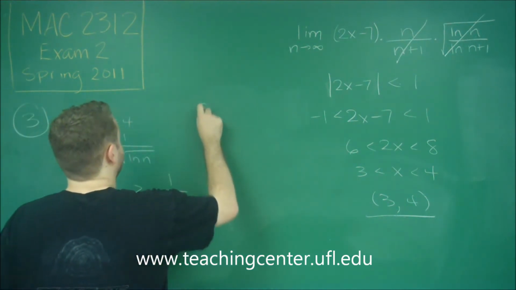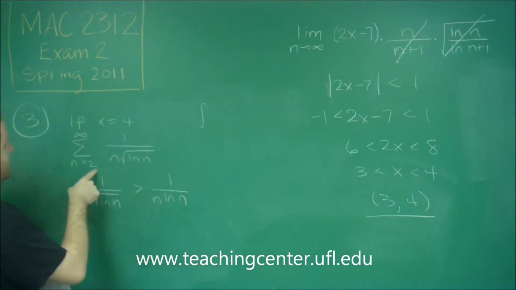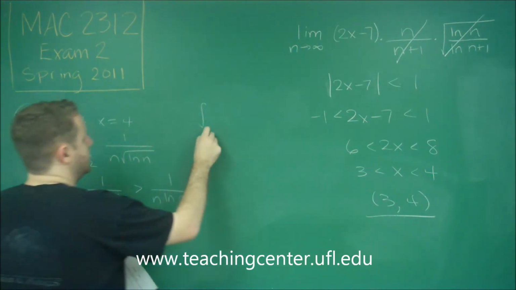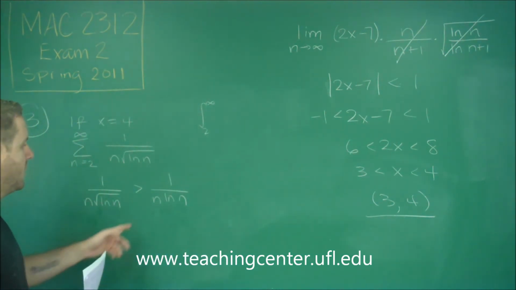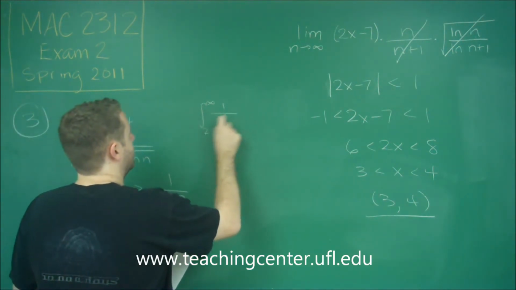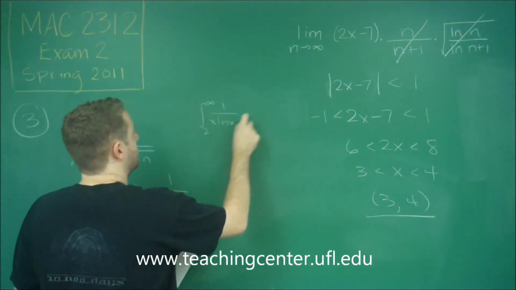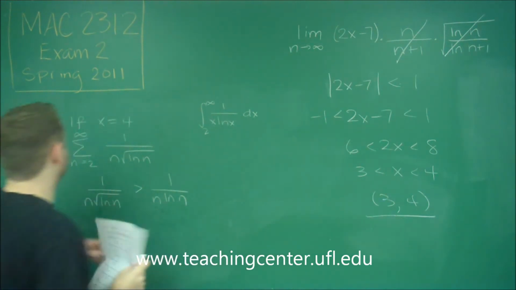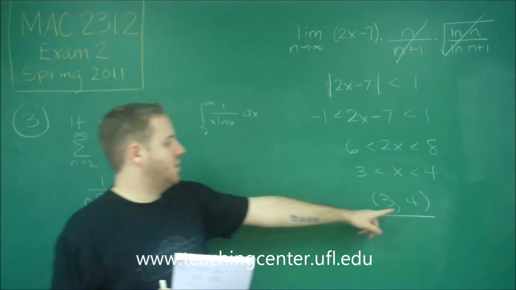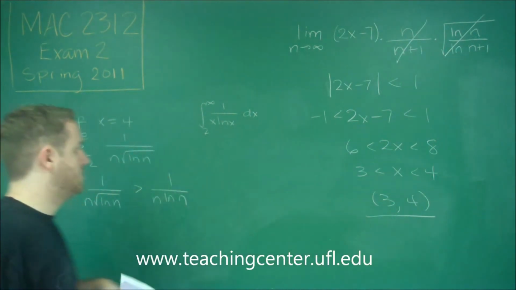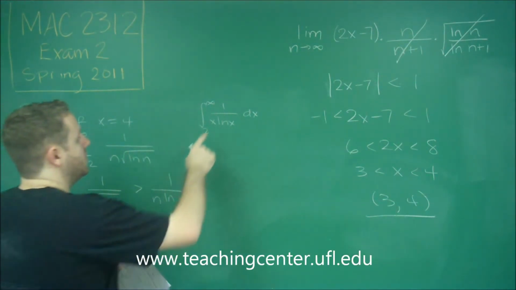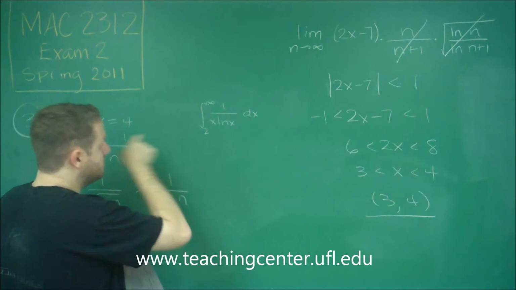So if we graph our integral, it's here from 2 to infinity, although in this case that really doesn't matter. We're going to have the function 1 over x ln x dx. So remember, this is all testing what's going on at 4, because we need to know if we need to change that to a bracket or leave it as a parenthesis. So here we have 1 over x ln x.